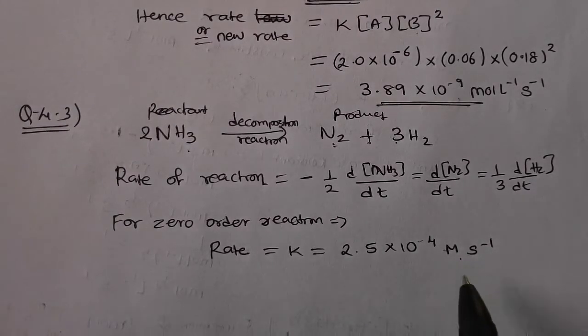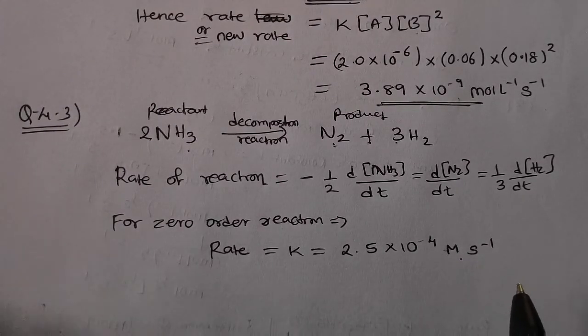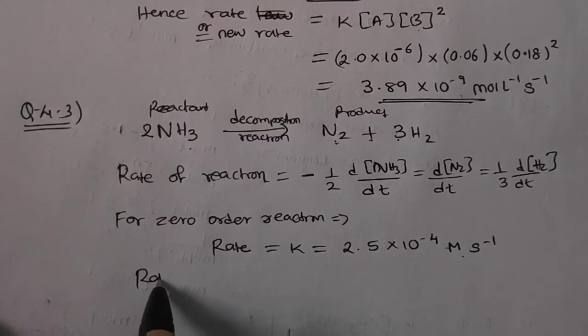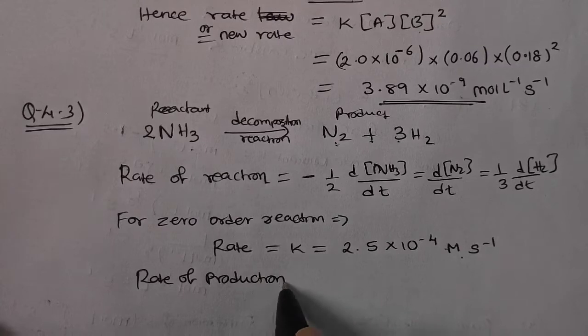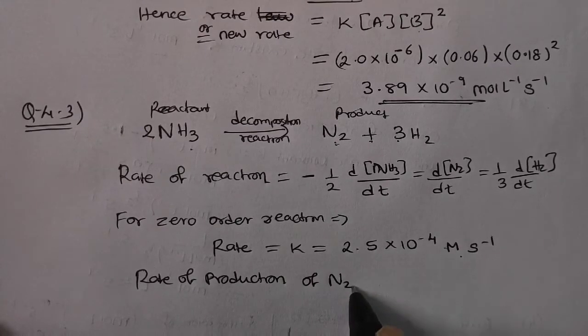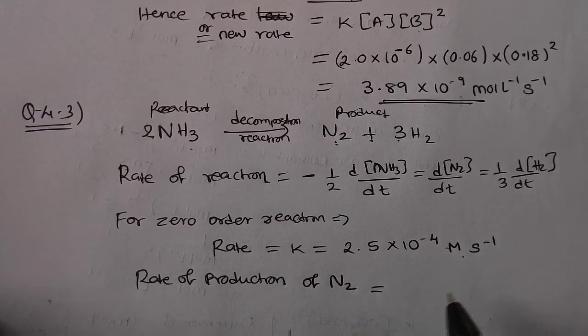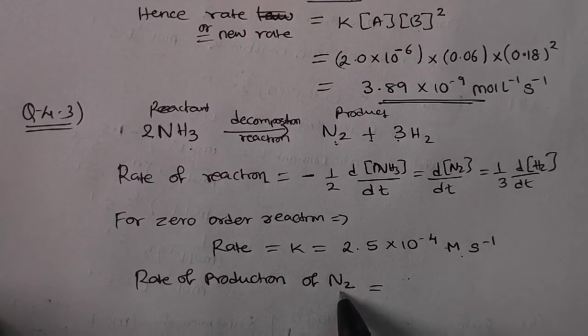Understood or not? Molarity is mol L^-1, as we have seen. Now the rate of production of N2 will be equal to K into the concentration of N2, we can write.